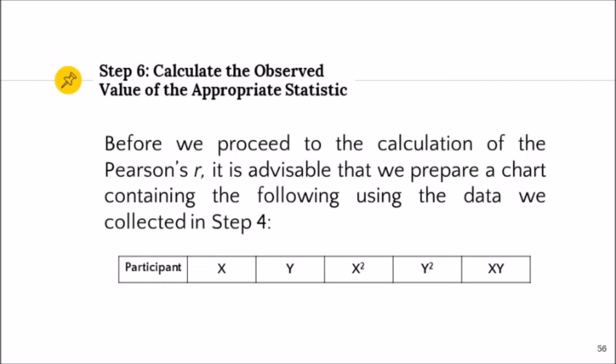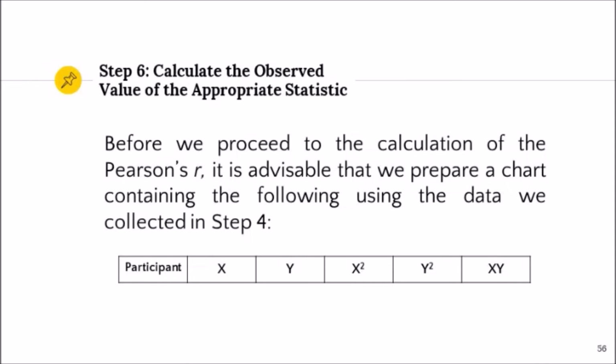For the actual computation, it is advisable to create a chart to make the process of solving clearer. The labels for the created chart are the following: the participants, the values of x, y, x squared, y squared, and the combined value of x and y.